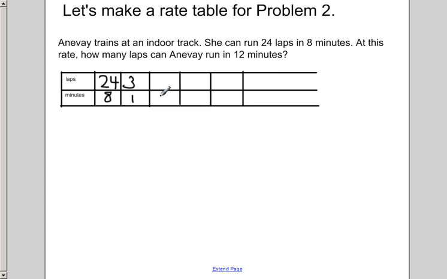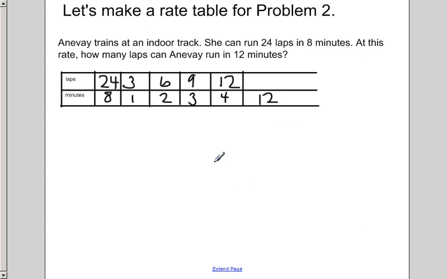So in 2 minutes, twice as much. And in 3 minutes, 9, because we're increasing by 3 each time. So 4 minutes is 12. And we could continue to fill in the table, okay? Or we could look and just say what's going to happen in 12 minutes.